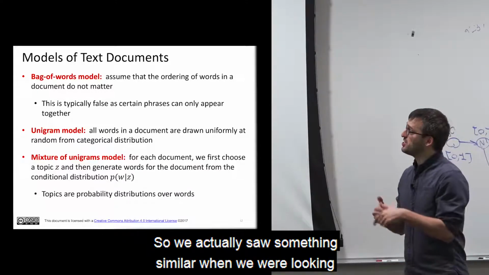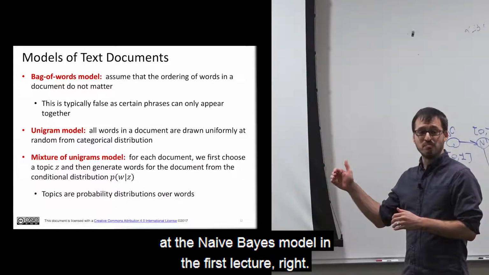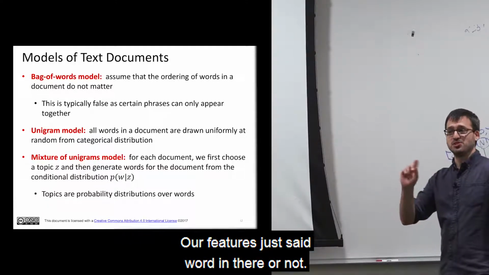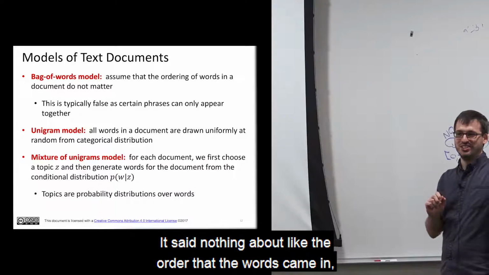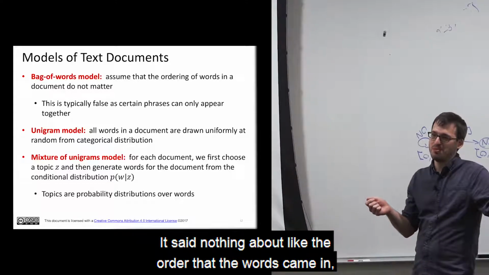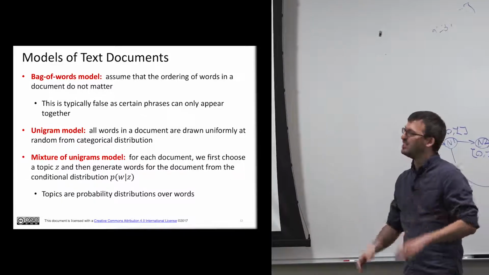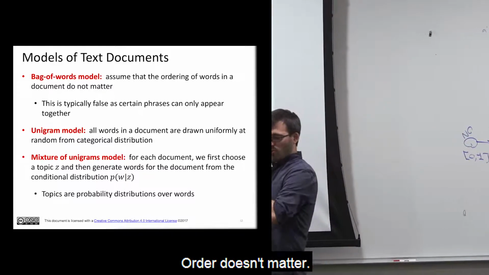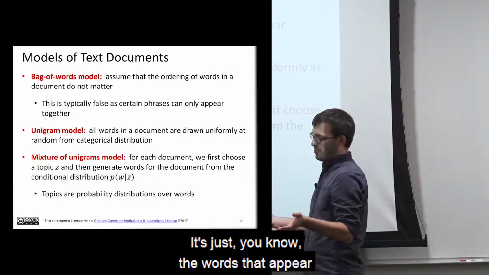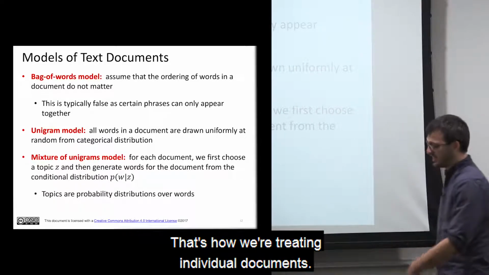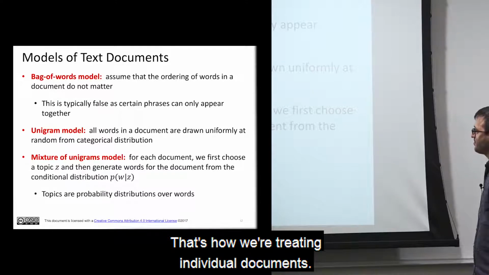We actually saw something similar when we were looking at the naive Bayes model in the first lecture. Our features just said word in there or not. It said nothing about the order that the words came in, or how they were related. Same kind of thing here. Order doesn't matter. It's just the words that appear in the document in any order. That's how we're treating individual documents.